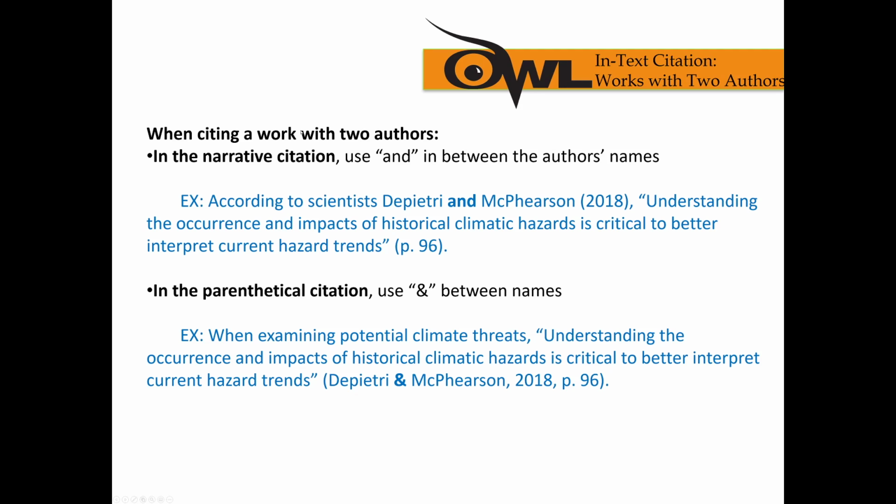Here, if you are using the narrative citation by listing the author's names in the sentence, then you're going to separate them with the word and. If you're using the parenthetical citation in the brackets, then you're going to use this ampersand symbol right here.